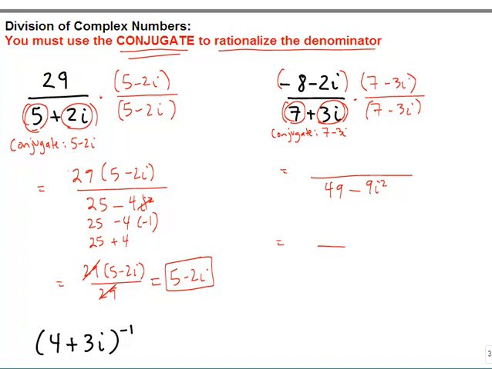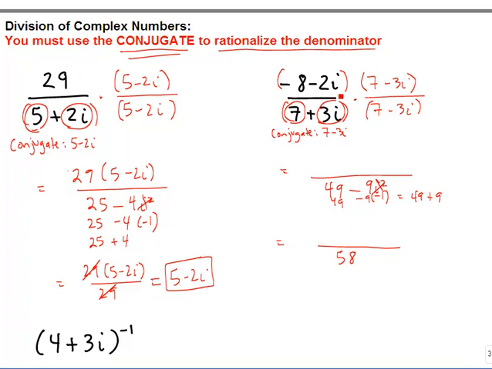If we simplify that denominator a little bit, remember i squared becomes a minus 1, and a minus 1 times that -9 makes this become 49 plus 9, which is 58. So the new denominator becomes 58, and notice there's no more i's down there. That's exactly what we want to happen. We want to get rid of all of our i's in our denominator. So we've simplified the denominator.